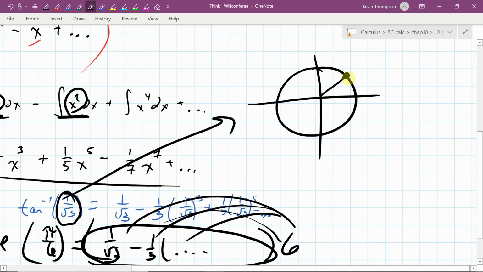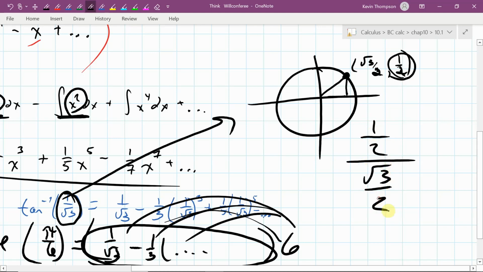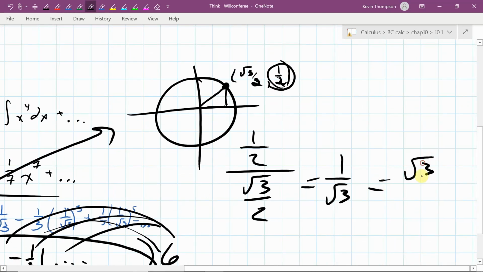Can we listen, please? If I go back to the unit circle and I think about that this point is root 3 over 2 comma a half, and I think about tangent, that should be opposite over adjacent, and that's really 1 over root 3. So you could have also said root 3 over 3, which would have been the same thing. I just left it this way. So it has to do just with trig functions back here at the unit circle.